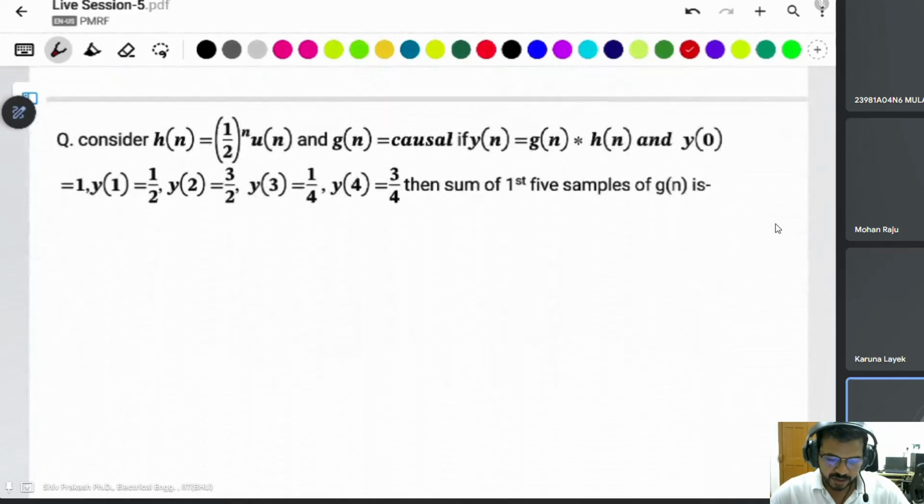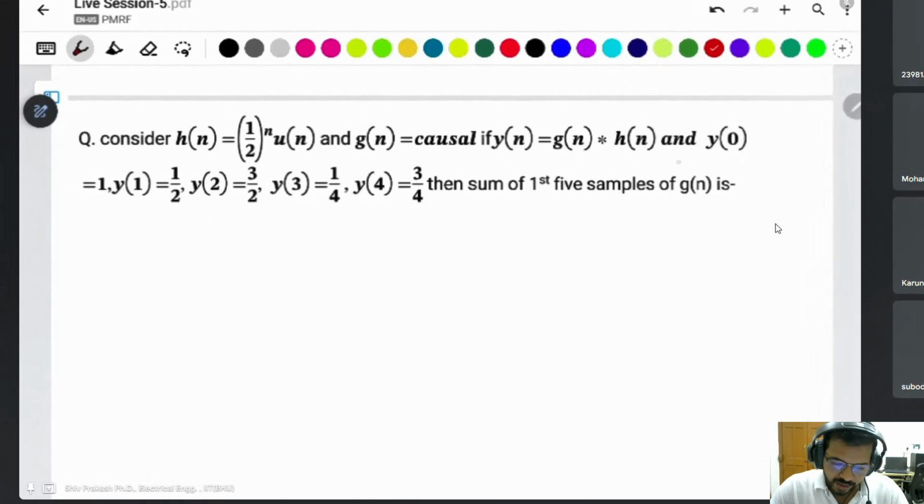Next question is related: if h[n] is given as (1/2)^n u[n] and g[n] is causal, and y[n] is g[n] convolved with h[n], and y[0] is 1, y[1] is 1/2, y[2] is 3/2, y[3] is 1/4 and y[4] is 3/4, then find the sum of the first 5 samples of g[n].